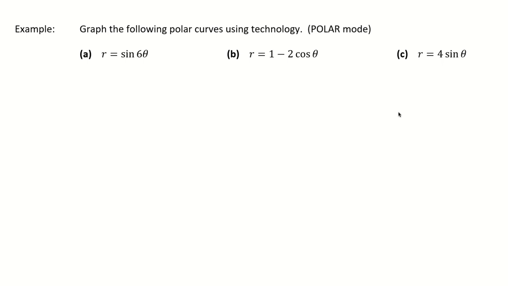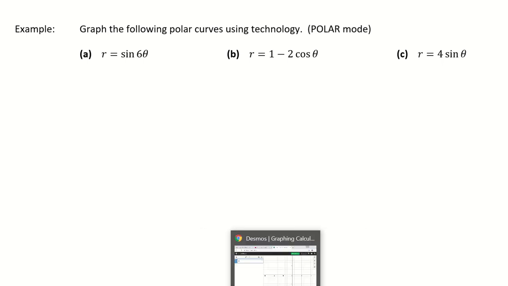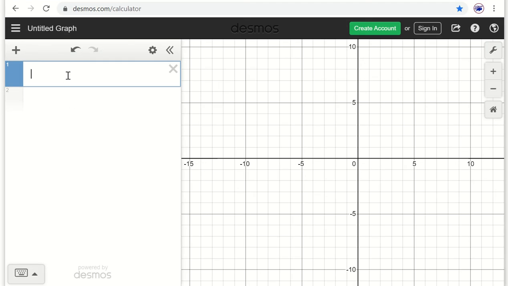Anyway, like I was saying, you can get out your graphing calculator, or you probably know about Desmos. R equals the sine of 6 theta. You type in SIN and it knows what you're talking about.